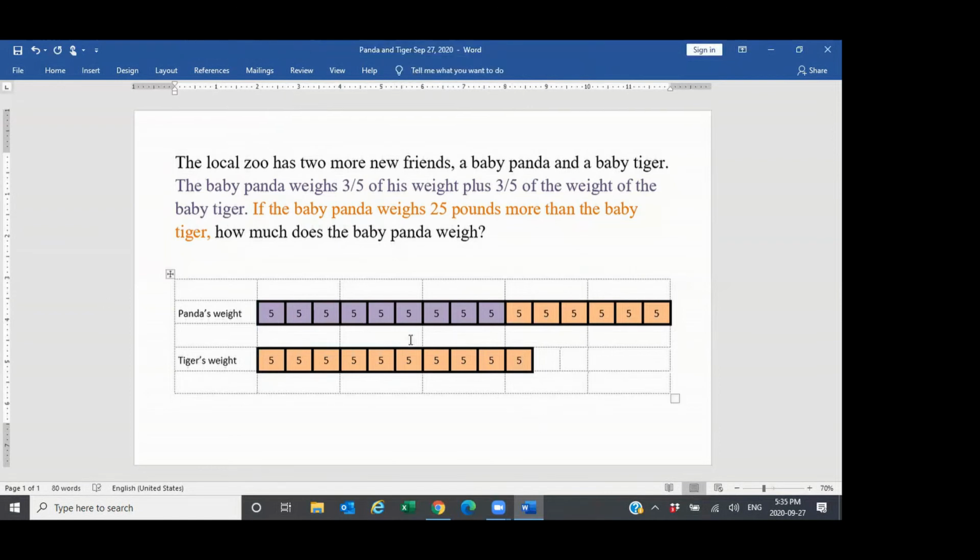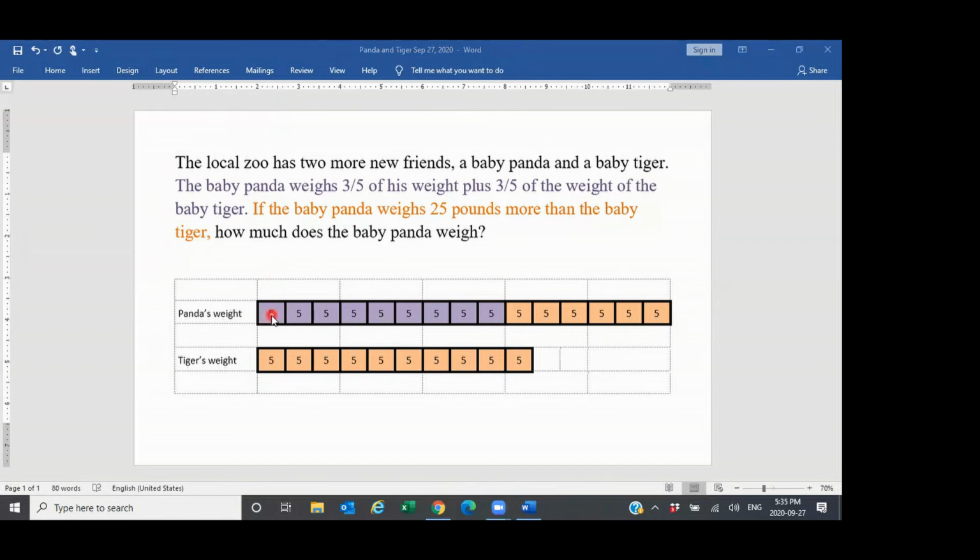Now that we're done labeling all of them, the question asks, how much does the baby panda weigh? So the baby panda has 1, 2, 3, 4, 5, 6, 7, 8, 9, 10. You know what, I'll really show how many he has. Hold up just a second.